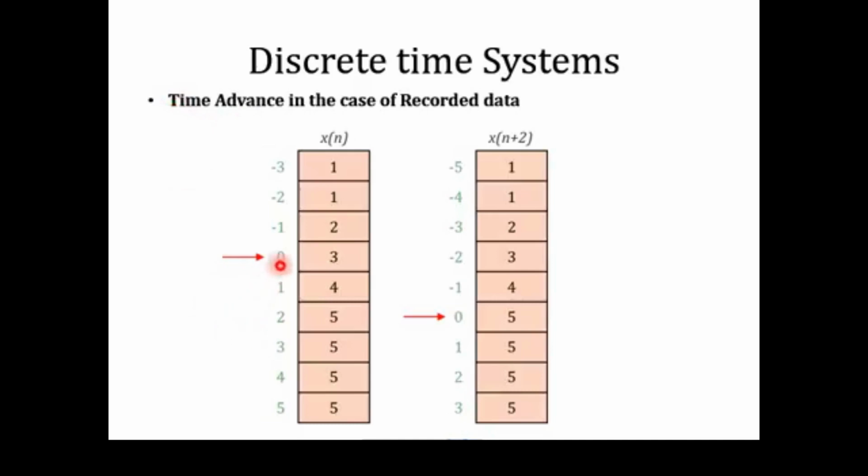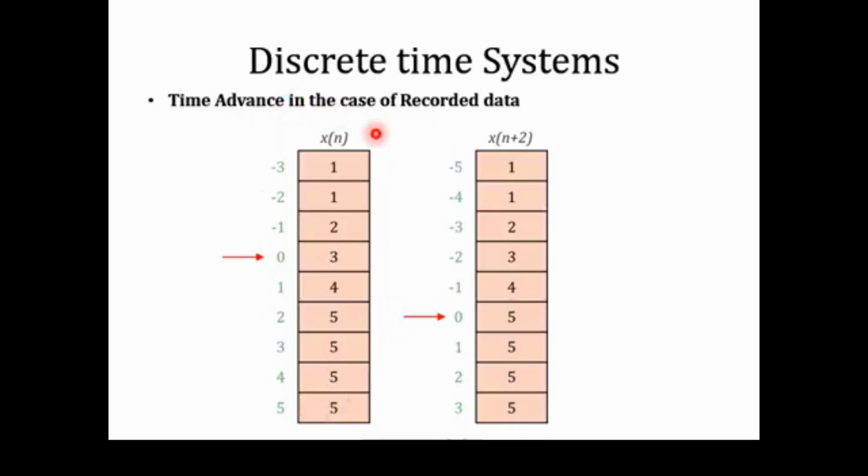And if the amount of shift is 2 samples, then we are going to address 2 memory locations down in the computer memory. So after performing the advance operation, we will address this memory location where the sample value is 5. So in the case of recorded data, we can perform time advance operation because all the values of the signal are already available in the computer memory.